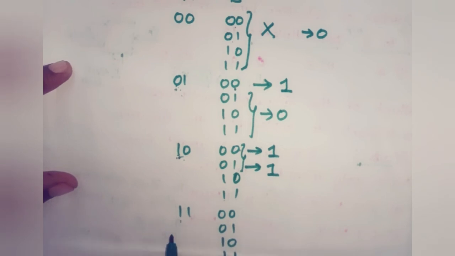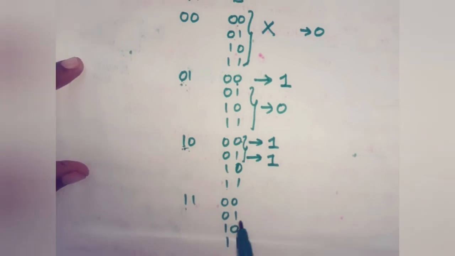Then the last one, A is 11 and B is 00, 01, 10, 11. In the first 3 combinations, 11 with 00, 11 with 01, and 11 with 10, A is greater than B. The last one, 11 and 11, A is equal to B. So in these 3 combinations the output is 1.